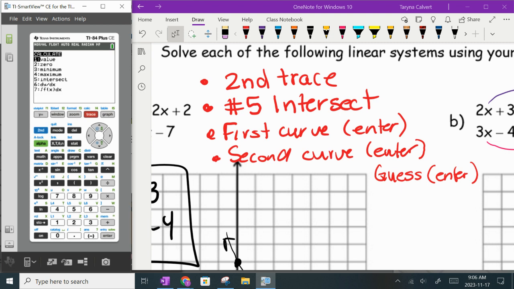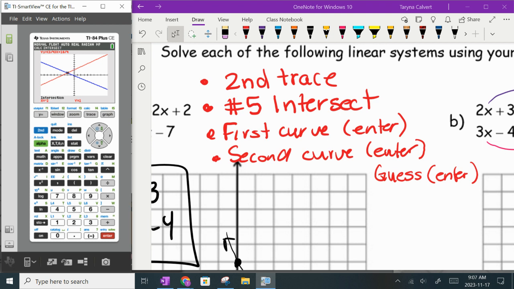Number what? 5. You guys should be good. Second trace, number 5. And when it says first curve, you're going to hit what? Enter. When it says second curve, you're going to hit enter. When it says guess, you're going to hit enter. So just think, enter 3 times.